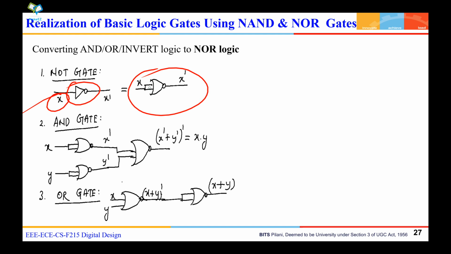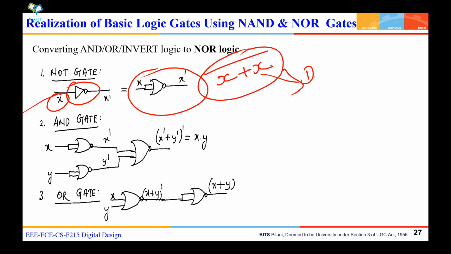Now you see both the inputs are x here, so what you have is x plus x whole bar. You can see x plus x, the OR operation, is whole bar. Now from De Morgan's theorem, you can prove it to be x bar. Hope you are understanding this.